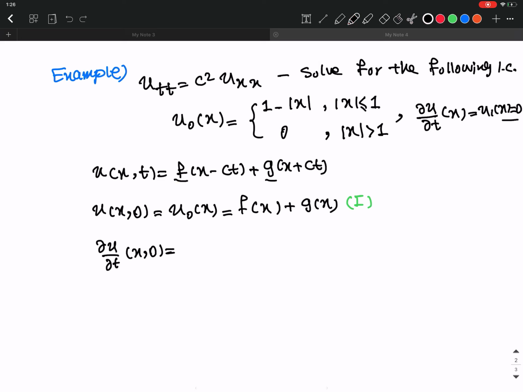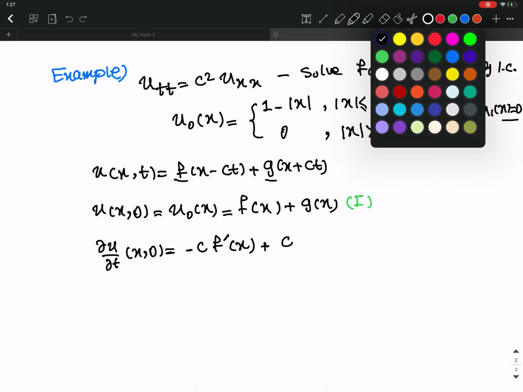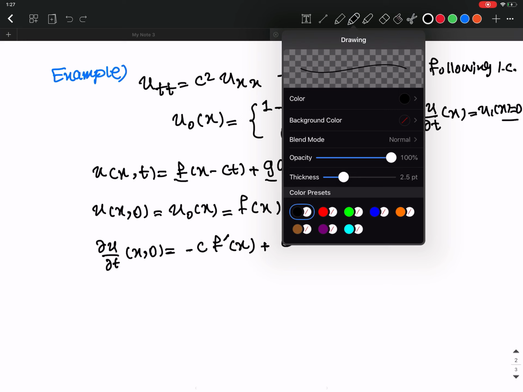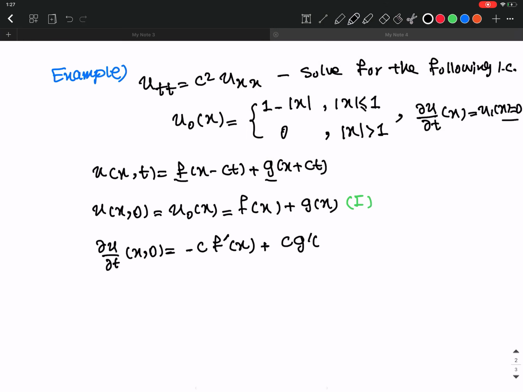It's going to be minus c times f prime of x, since it is at time 0, plus c times g prime of x, and this equals u1(x), which in the problem statement is set to 0.